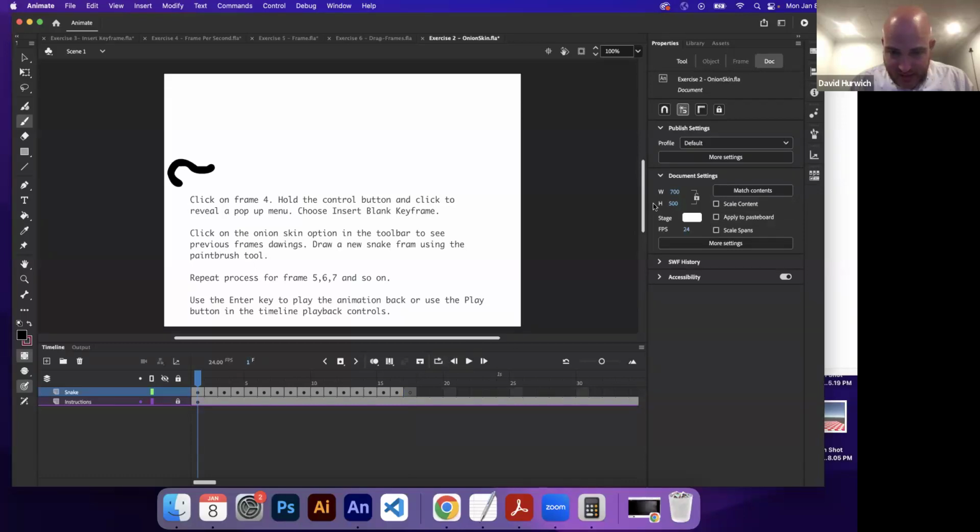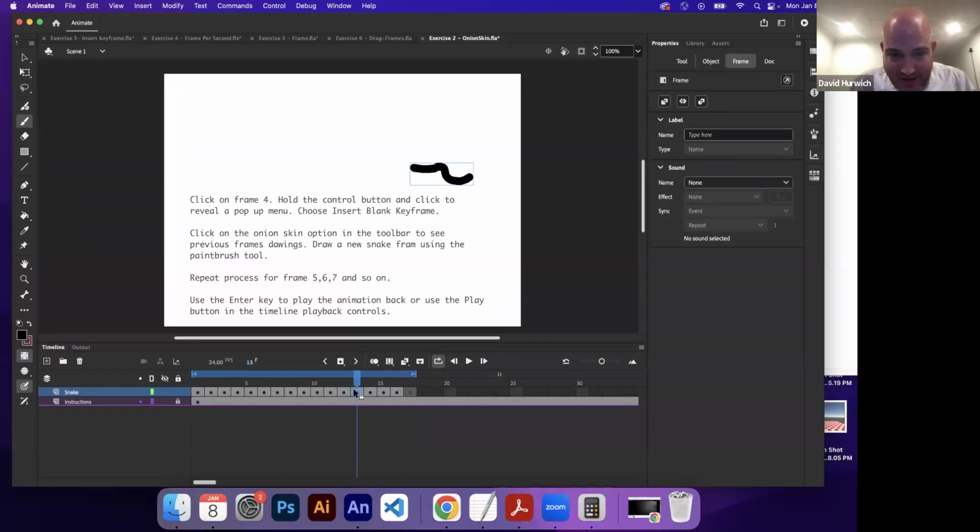If I play this back, let me just create a range real quick. So my character is moving kind of fast right now. I mentioned before, one thing I could do is add a keyframe between here and here.